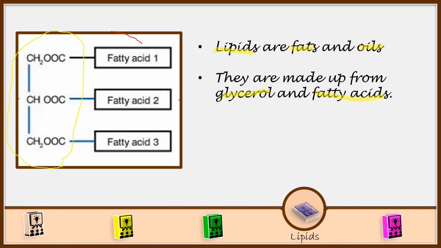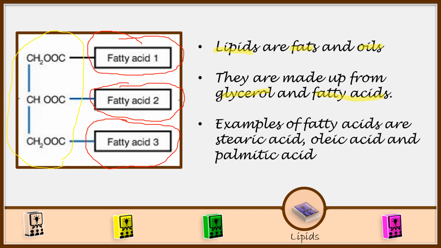And on this side we have the fatty acid molecules. Three fatty acid molecules combine with one glycerol molecule to form a lipid. So these are our lipids, which are fats and oils, made up of glycerol and fatty acids.